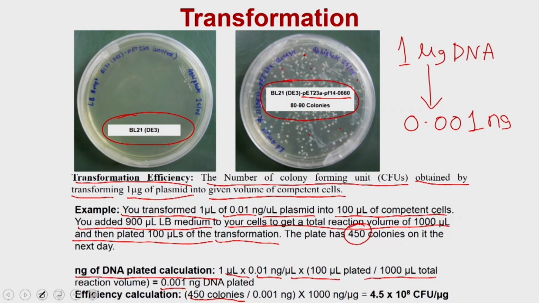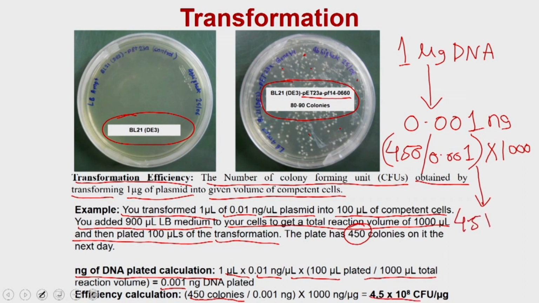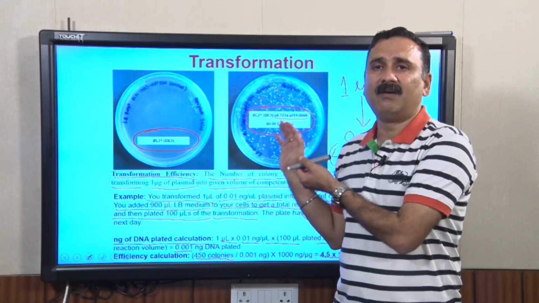So divide 450 by 0.001. Then you convert that into microgram, so you multiply this number by 1000, and the number you get is 4.5 into 10 to the power 8 CFU per microgram, which means 4.5 into 10 to the power 8 is the transformation efficiency of this particular competent cell preparation.